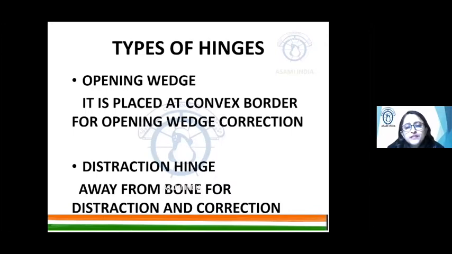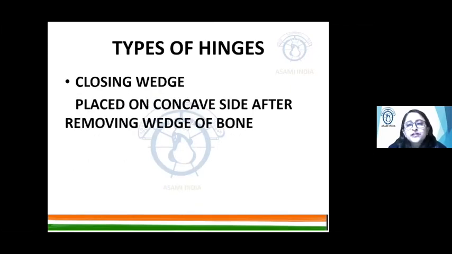If you don't place the hinge close to the bone, but away from the bone, so the hinge axis is not touching the bone, but it is still at the level of CORA, then when you distract, along with correction, you also get lengthening. So this is a distraction hinge. And a closing wedge hinge is when you want to remove a wedge of bone and correct the deformity gradually. Then you place the hinge on the concave side of the bone. So that's a closing wedge hinge.